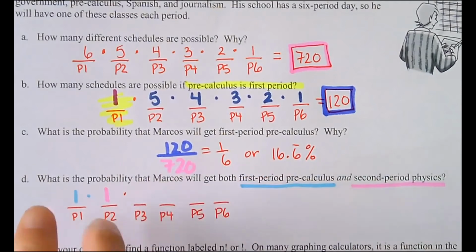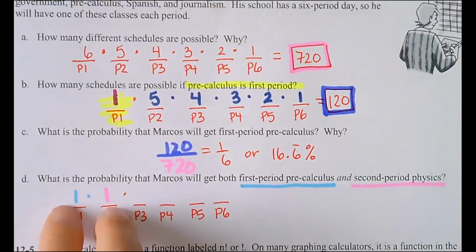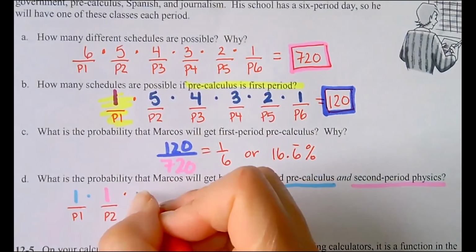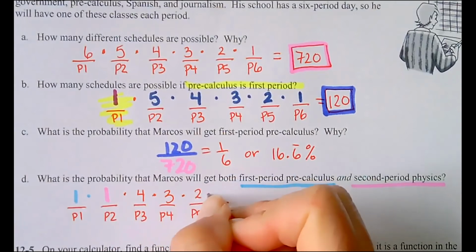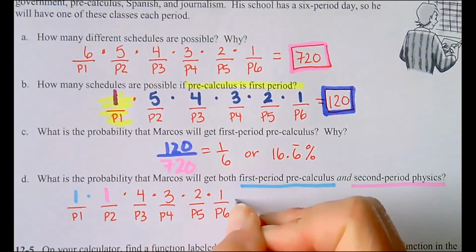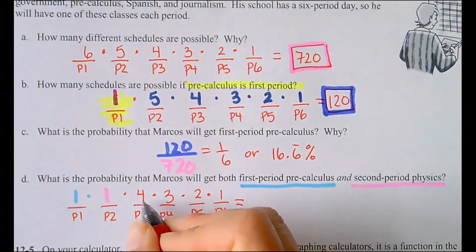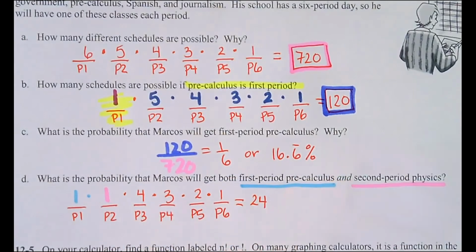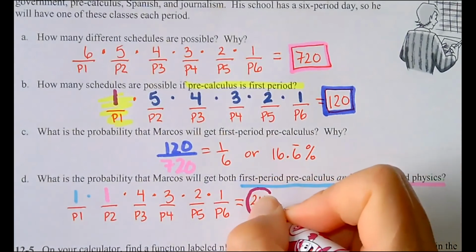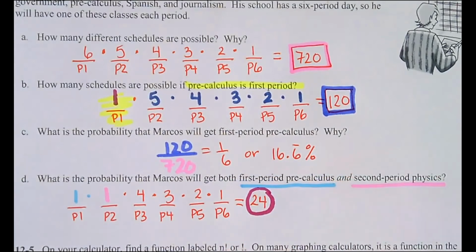So now we have 2 classes already selected out of the 6. So for period 3, we're only going to have 4, then 3, then 2, then 1. And when I work this out, this is going to end up being 24. So that 24 is all of the ways he can get the schedule.